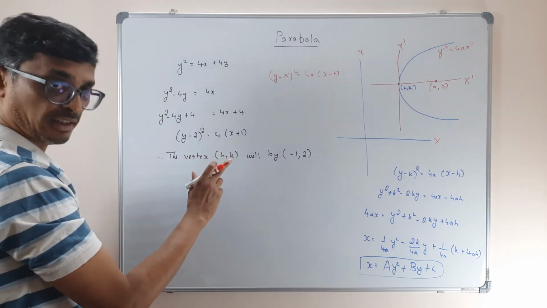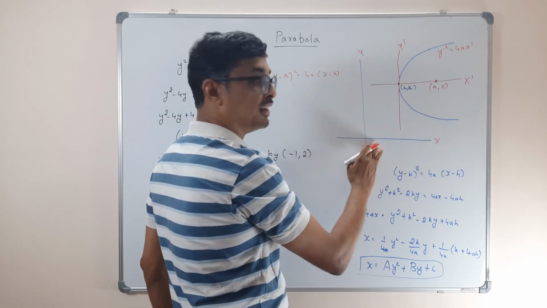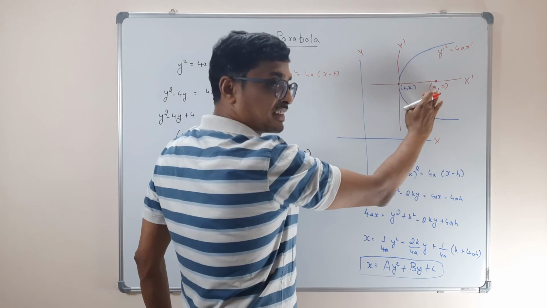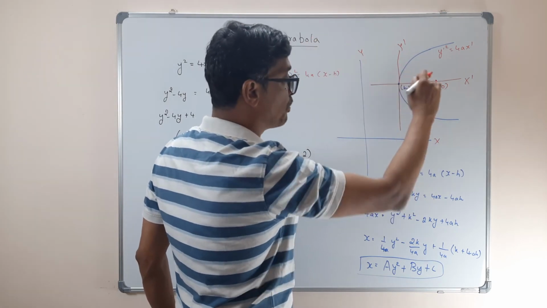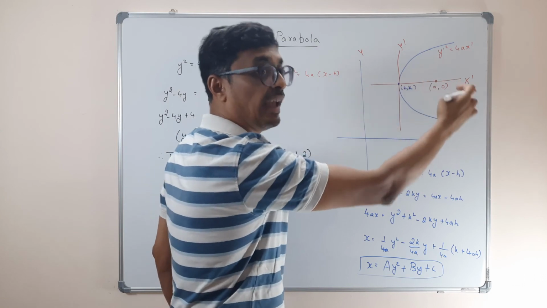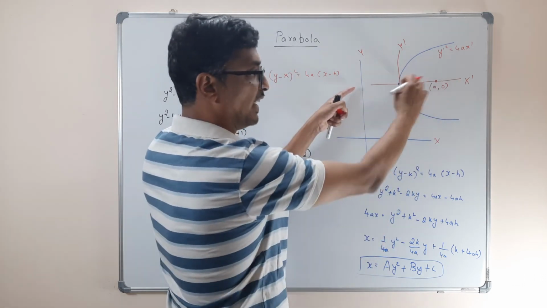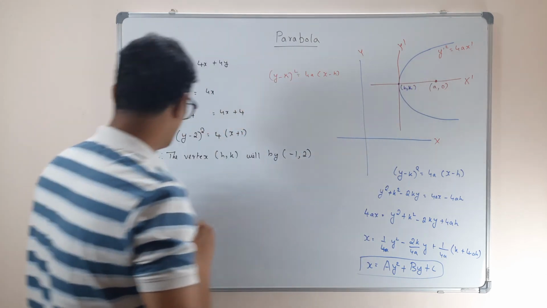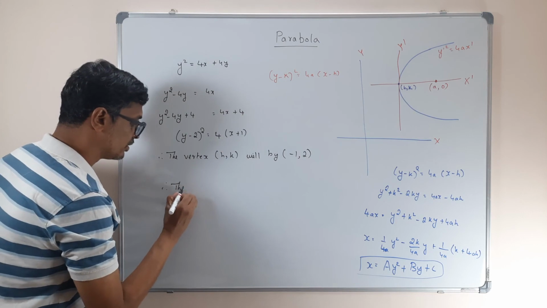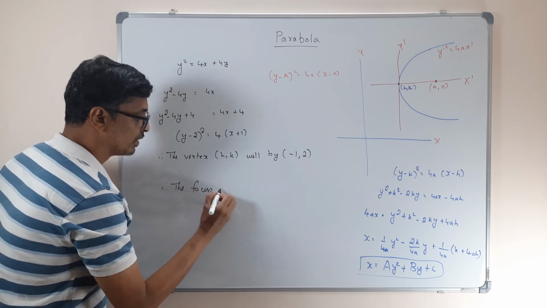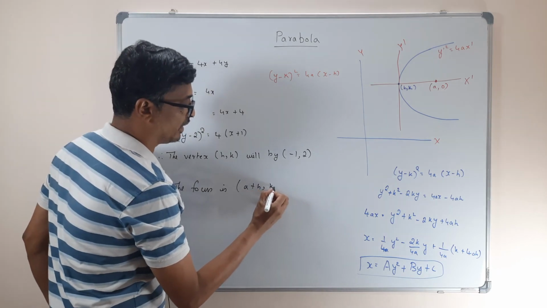Exactly. So focus will be, with respect to this frame, any point as a plus h comma k. Am I right? This side is k. Correct? So therefore you got the idea, na? The focus will be a plus h, comma k.